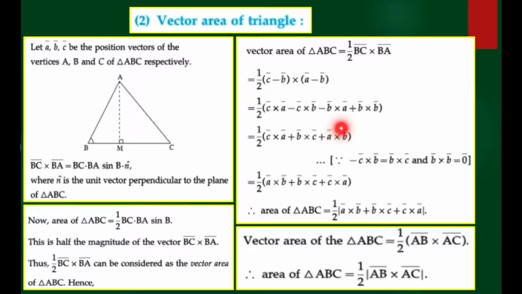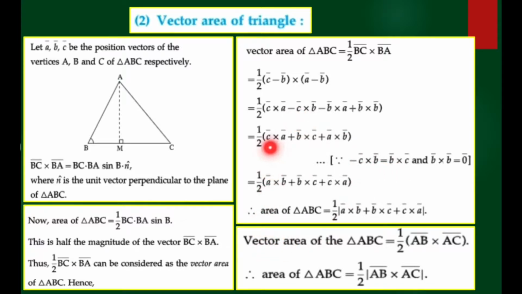We can write this minus C bar cross B bar as B bar cross C bar, since changing the order changes the sign.